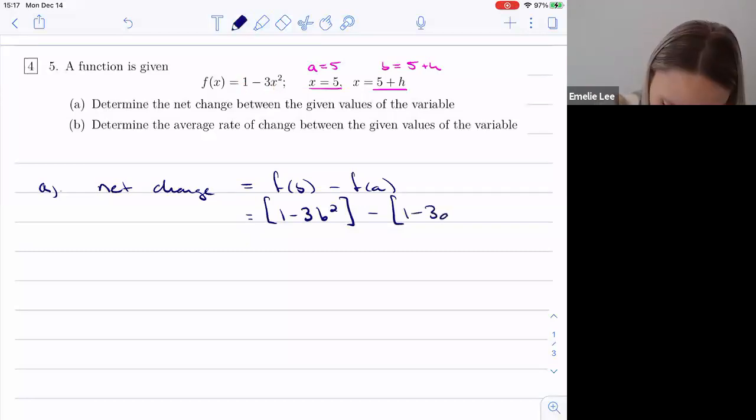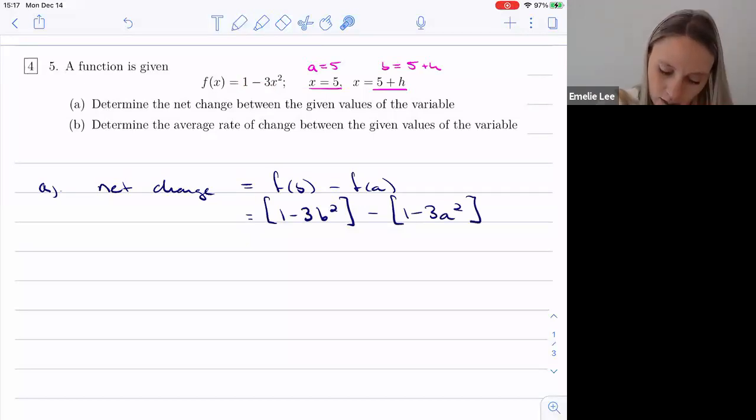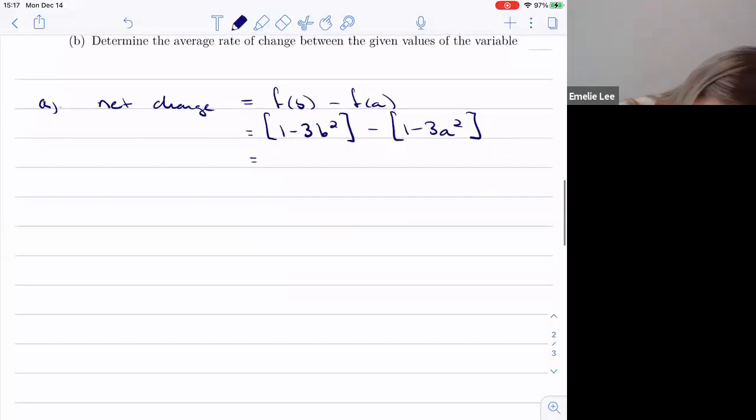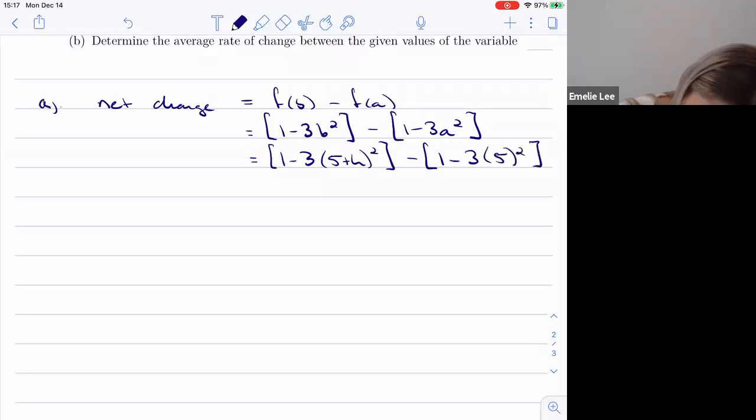And now I'm going to plug in my b and my a, which are 5 plus h and 5 respectively. Especially for the 5 plus h, you want to keep brackets around that whole 5 plus h. So this becomes 1 minus 3 times 5 plus h squared, minus 1 minus 3 times 5 squared.